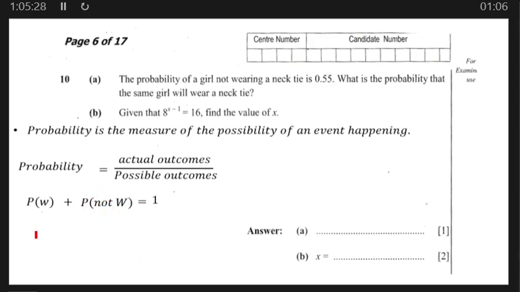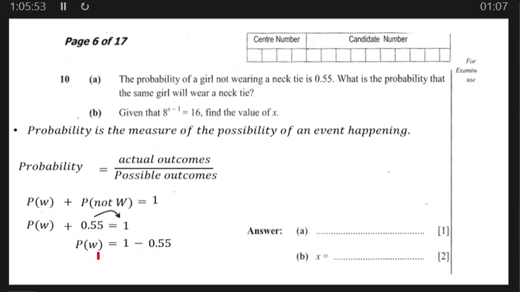So we'll say probability of wearing plus 0.55 is equal to 1. So it has become an equation, as I told you. Since it is an equation, this number and number, they must be on the same side. So this will cross. So I have probability of wearing is equal to 1, this one becomes minus 0.55.